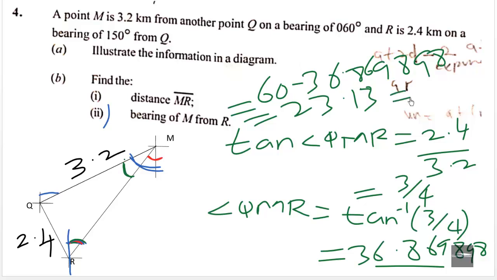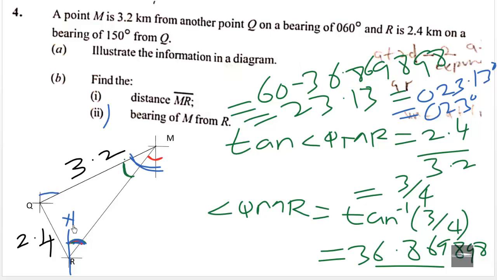So the bearing will be 023.13 degrees or 023 degrees. The bearing of M from R, this angle here.